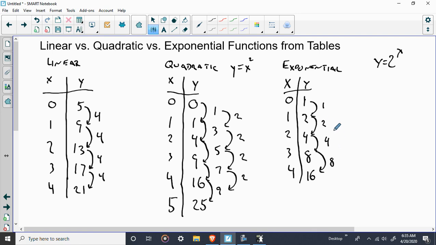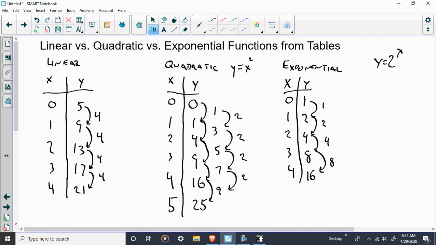So what we're really going to be looking for from a table is, first of all, is it linear? So is the growth rate constant? If it is, then it's linear. If not, then we have to check the secondary set of numbers. We're looking for that constant change. If that set of numbers is the same, then it's quadratic. If not, it's going to be exponential.